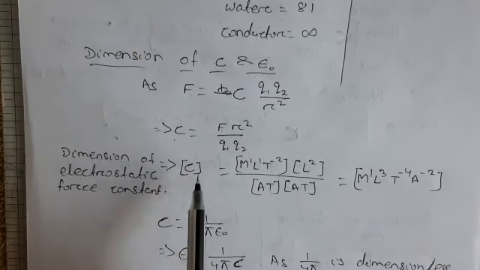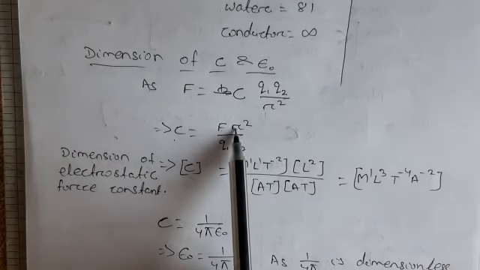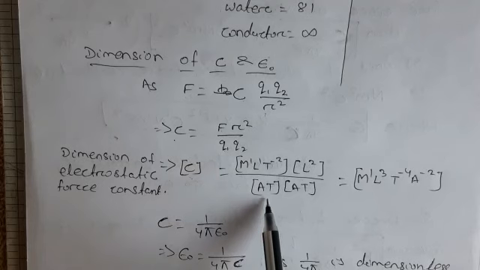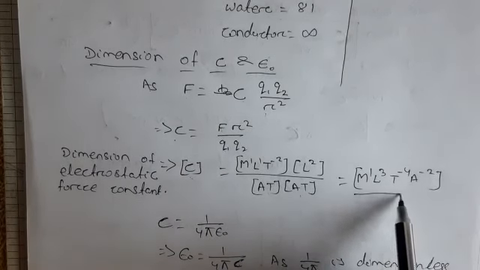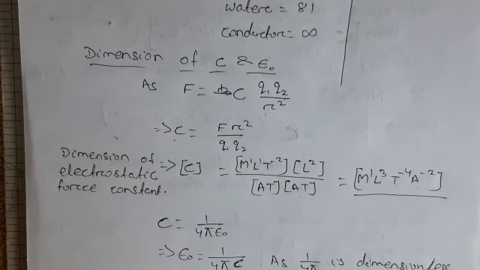I will give the dimension of force, the dimension of distance R square is L square, and Q dimension is AT. So you will get the dimension M to the power 1, L to the power 3, T to the power minus 4, A to the power minus 2. This is the dimension of C, electrostatic force constant.